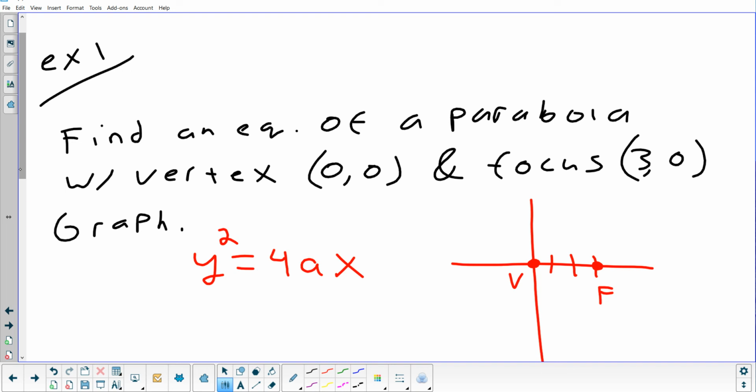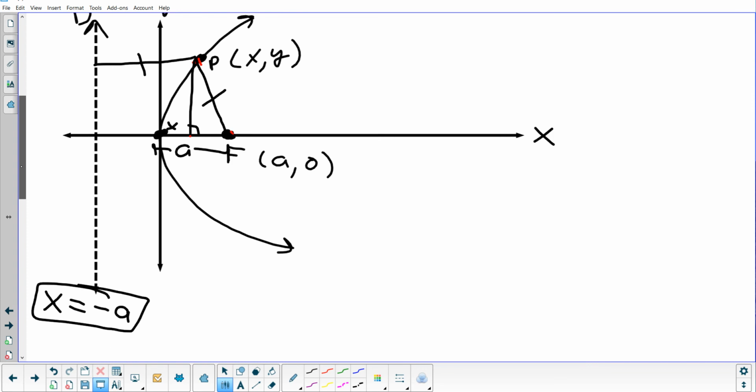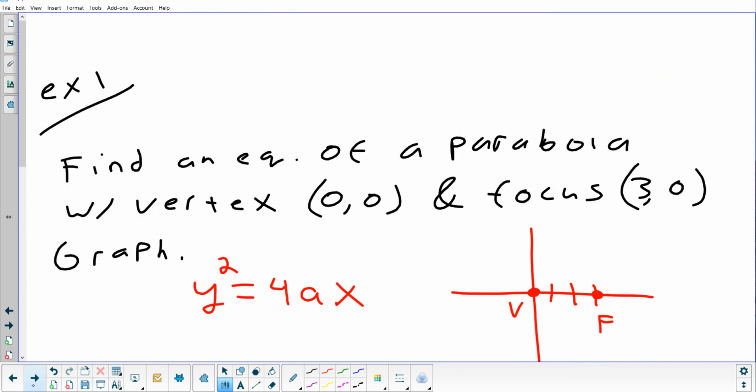And now we have to figure out the equation. So the only thing that you have to figure out here is A. We just have to figure out what that one number is. Okay, well, we're going to write it down right now.